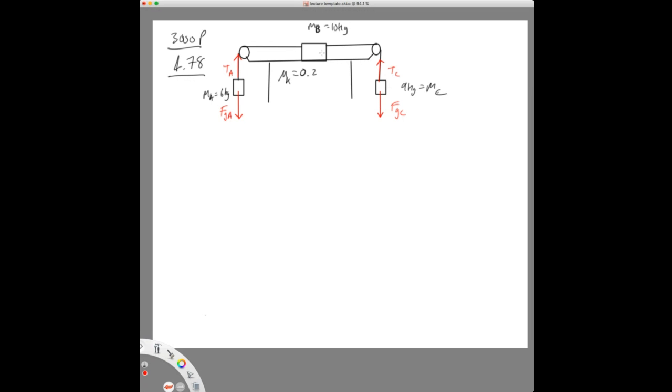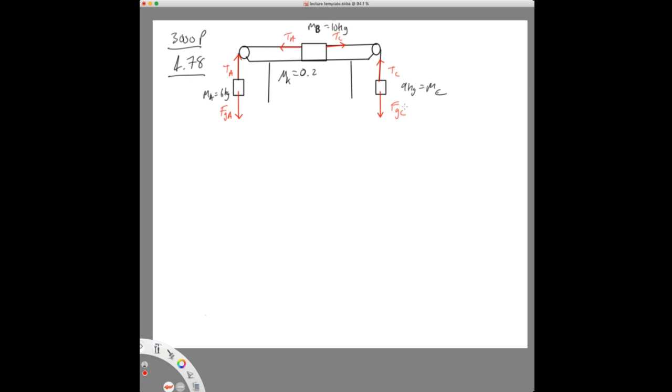Then we come up and look at mass B. It is also going to have tension on each side. But because of Newton's third law, I know that the tension on the left should be the same as TA, and the tension on the right should be the same as TC.